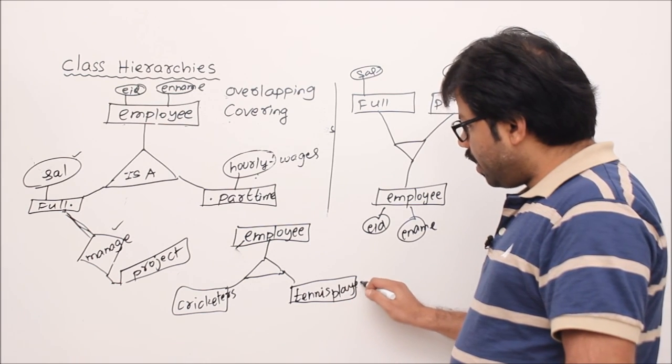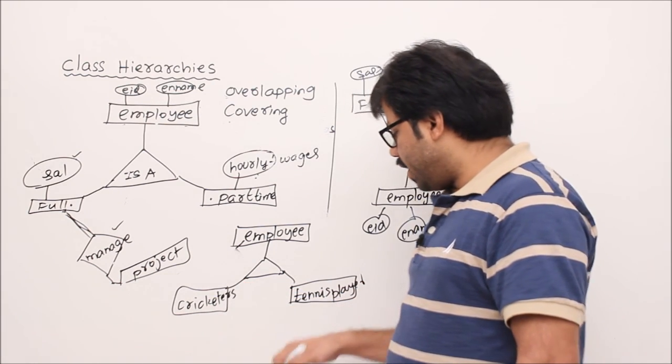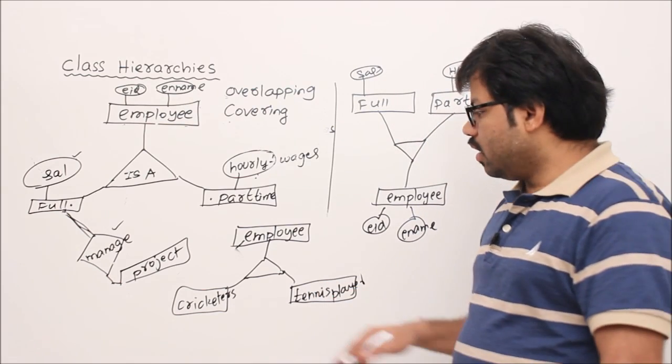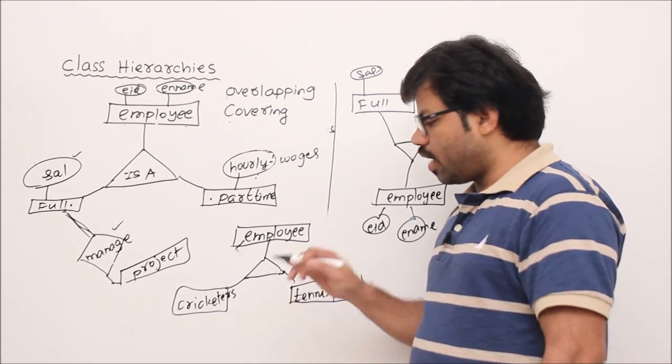Now see, there may be an employee who plays cricket and who plays tennis. So here this classification is overlapping.